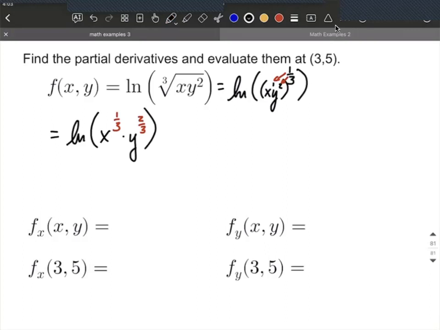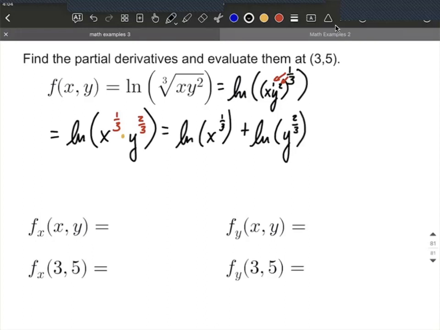From here, we have two things multiplied together on the inside of a natural log. So we have a logarithmic property that says you're allowed to split this apart into two separate natural logs. Multiplication is going to become addition. So we have natural log of x to the 1/3 plus natural log of y to the 2/3 power.